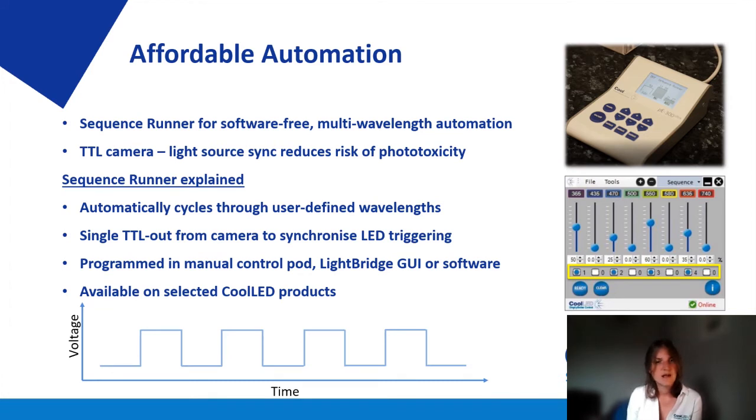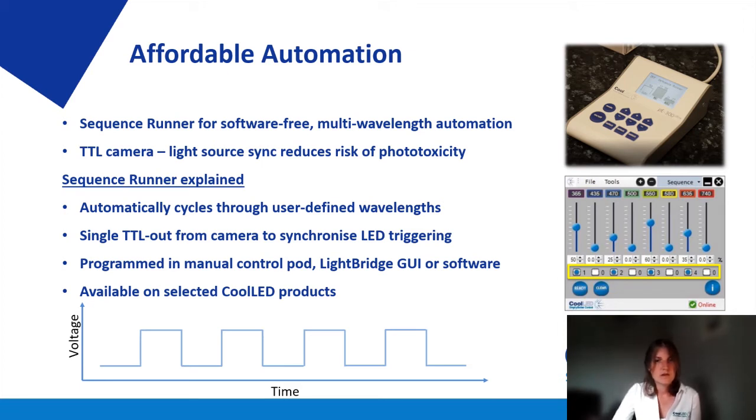If you want to take this approach to the next level, Sequence Runner is a function that's available on several of our products at CoolEd. And this automates illumination. And the only extra equipment you need for this is a camera with a TTL output.